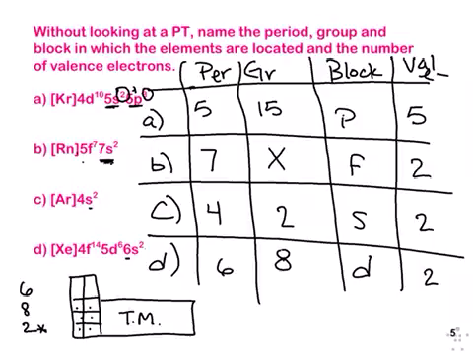So almost every time they ask you for a transition metal's valence electron, how many will it have? 2 from the previous S block. So we'll learn later on that transition metals have various numbers of valence electrons, but for now we can operate that they have 2 valence electrons.